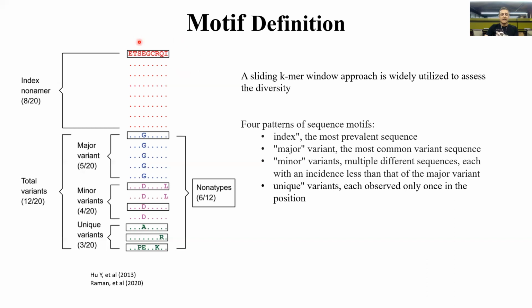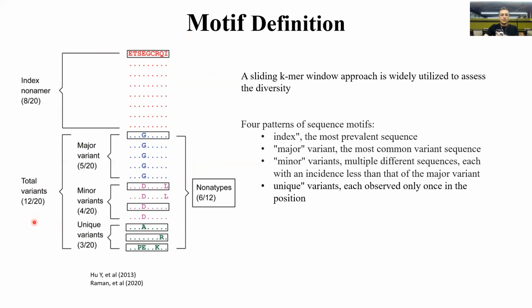Let's look at the example in here. So let's say I have 20 sequences at this chimer position, and this distinct peptide is found 8 out of 20. So this is the index. All others in here are just variants to the index with an incidence of 12 out of 20.